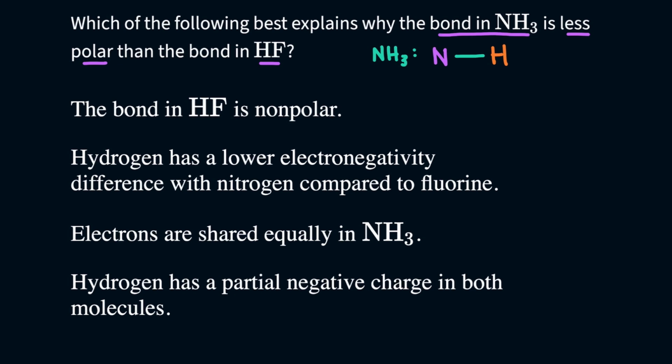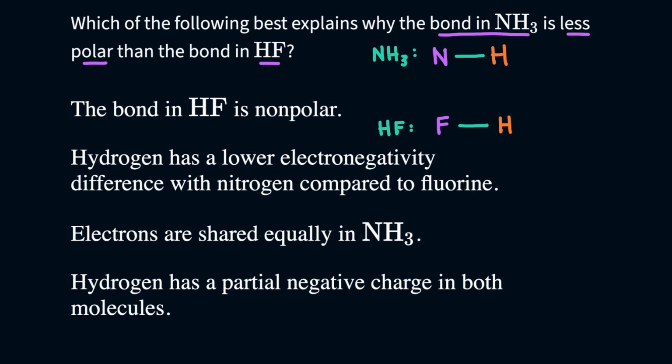Okay. Now, let's go to the other one. They did say HF as well. So in this case, I'm just going to flip it on its head just so that we have the elements aligned. It's a fluorine bound with a hydrogen. Doesn't matter whether you put HF or FH, it's the same thing.